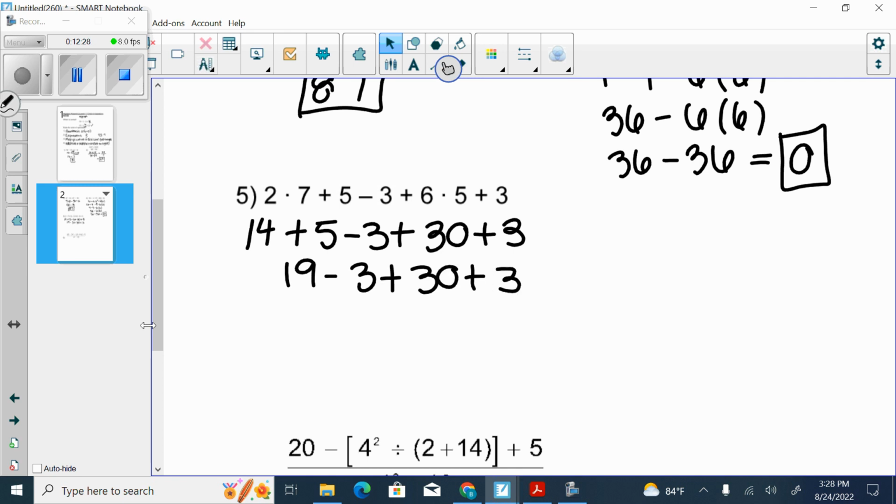And what is 19 minus 3? 16 plus 30 plus 3. Okay, what's 16 plus 30? 46. Yes, very good. And what is 46 plus 3? 49.